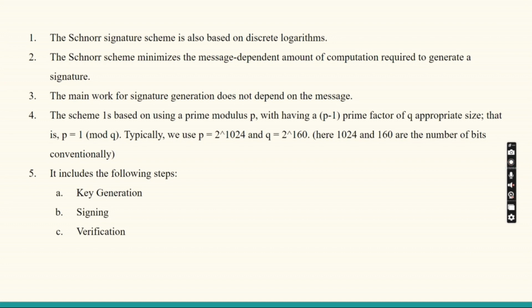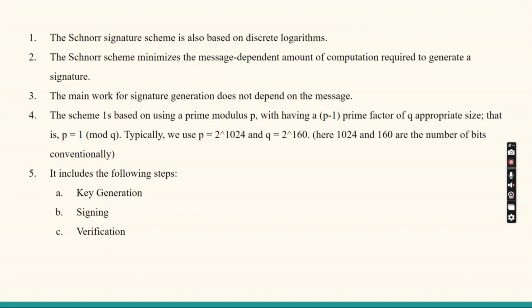Now, as you can see, this Schnorr signature scheme is also based on the discrete logarithm. The Schnorr scheme minimizes the message-dependent amount of computation required to generate a signature. Also, the main work for signature generation does not depend on the message.